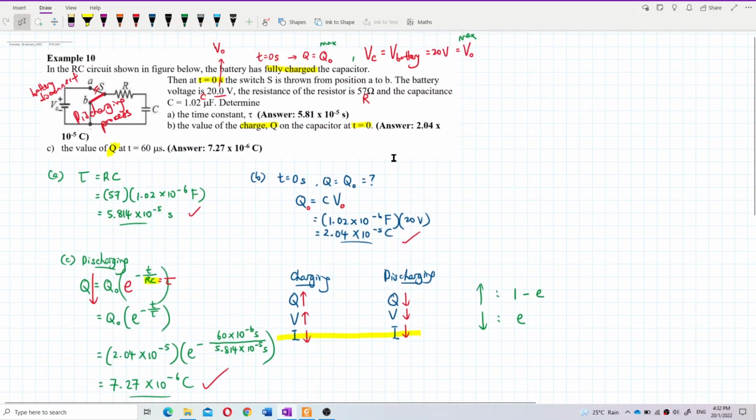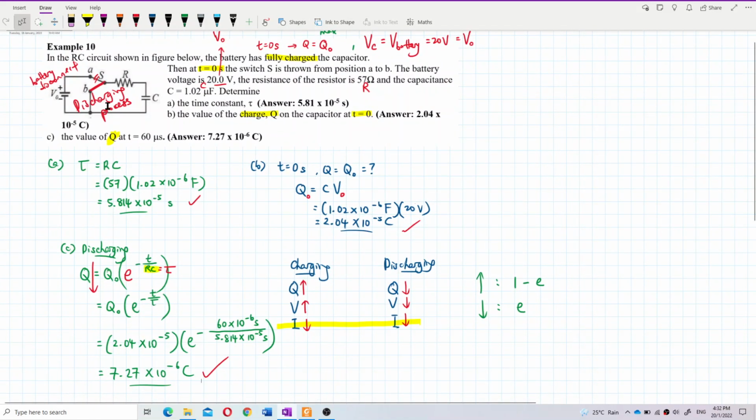So that's how I do it. I always identify that this is a discharging process, and I need to use the formula for charge. For the discharging process, the charge always decreases. For the formula for increase, it is 1 minus exponent, but for decrease, the formula is exponent.